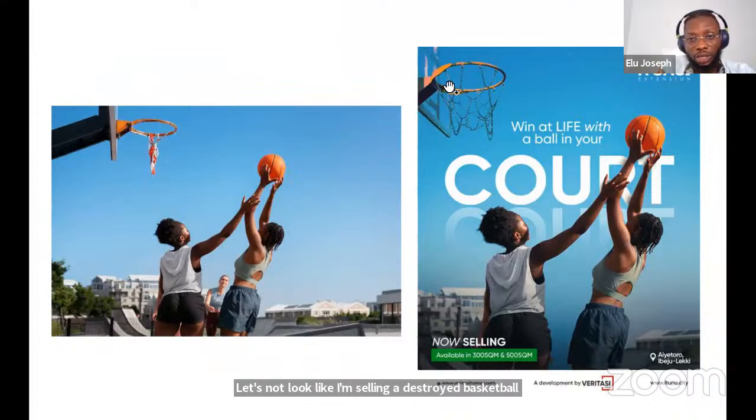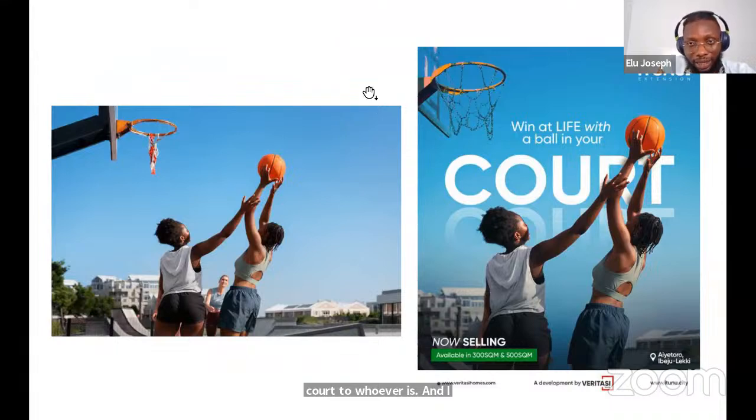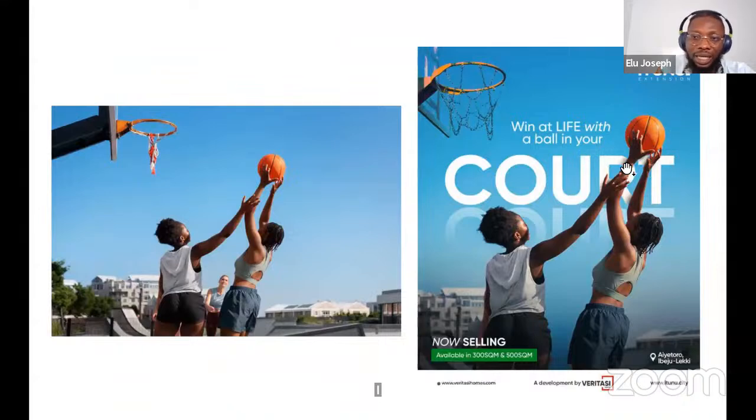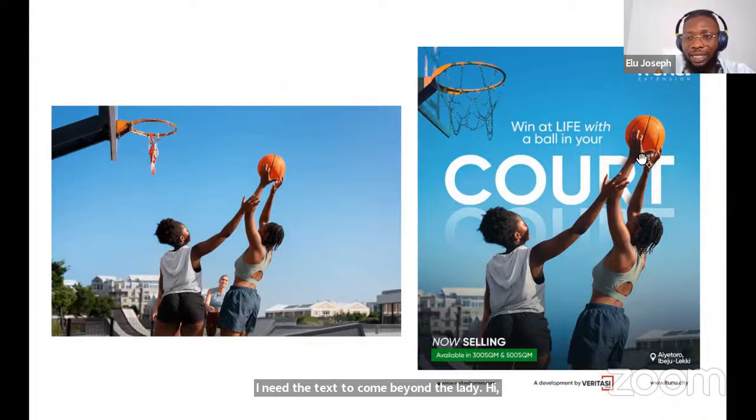And I decided to change it, which is why you see a different net here. Another thing I did was I made the text come behind the lady. And you can see that there's a shadow on the text that reflects that the lady's hand is on the text. So there's a shadow reflecting from her hand toward the text.